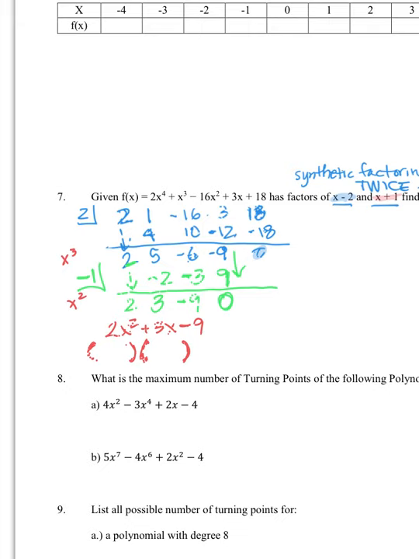Now you could do this with splitting the middle term, or you can do this with a kind of guess and check. So if we have the 2x squared, we know we're going to have a 2x and an x. The negative 9 could actually be a 1 and a 9 or a 3 and a 3. If we're trying to get to a 3x in the middle, that outer plus the inner, it would need to be a 3 and a negative 3.